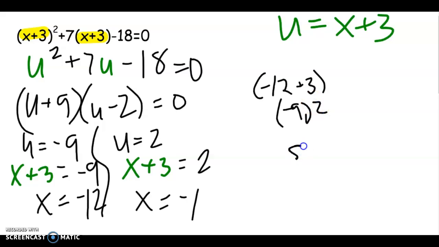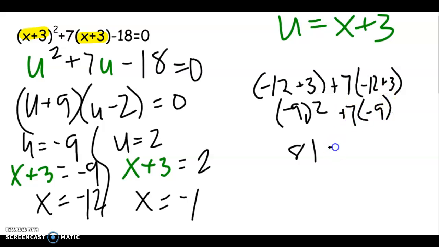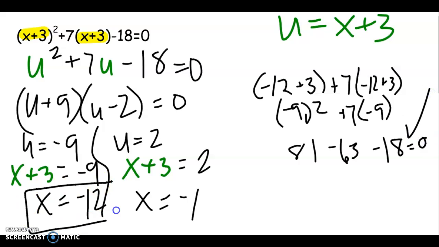Square that is 81. Plus 7 times negative 12 plus 3. So that's negative 9. So plus 7 times negative 9. Negative 63 minus 18. Does that equal 0? The answer is yep. True. Wahoo. So I know that that's a good answer.